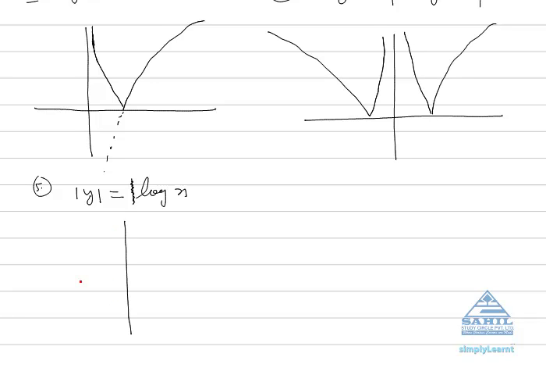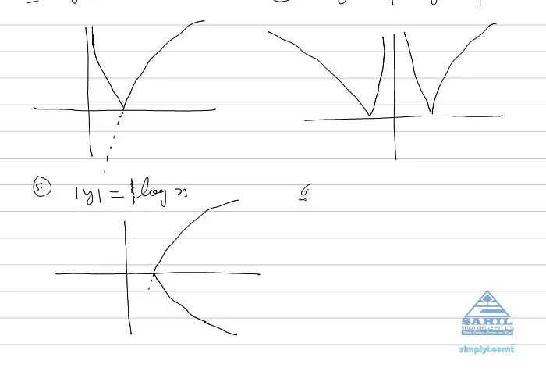Okay, you have to take the reflection of the graph. You just remove this and take the reflection of the graph with respect to the x-axis, because we are putting the modulus on y. So when we are putting the modulus on y, we are taking the reflection with respect to the x-axis rather than the y-axis.